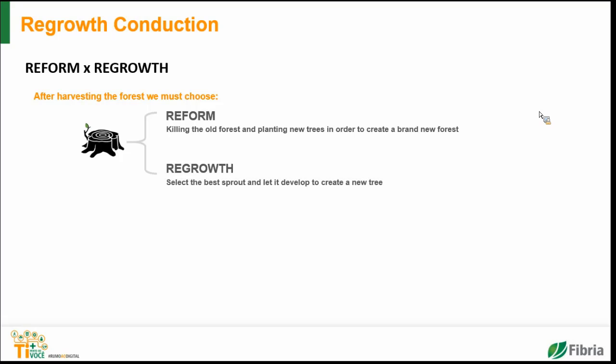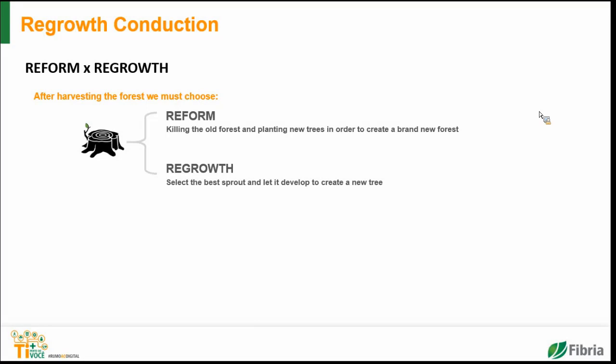And you can go to the regrowth. That is to select the best shoot and let it develop to create a new tree. So these are the two options that we have. And the regrowth, talking about business, is the cheapest for us to implement, and the best choice.